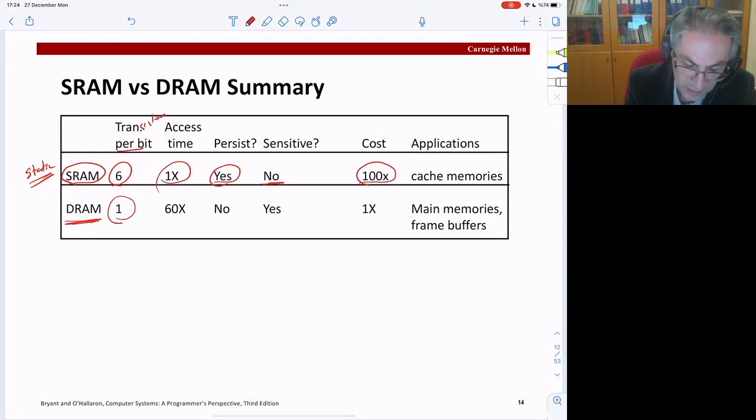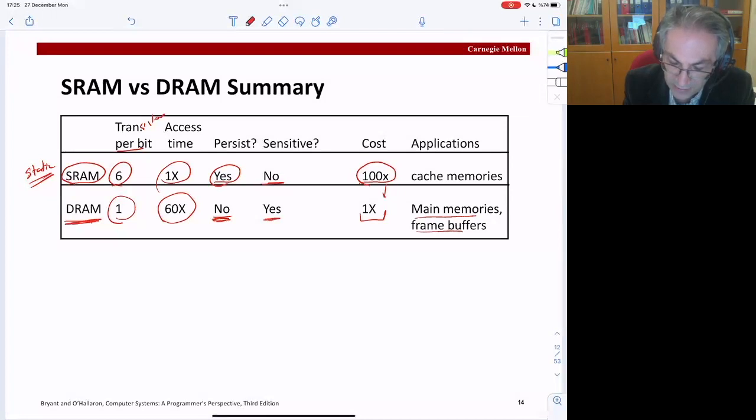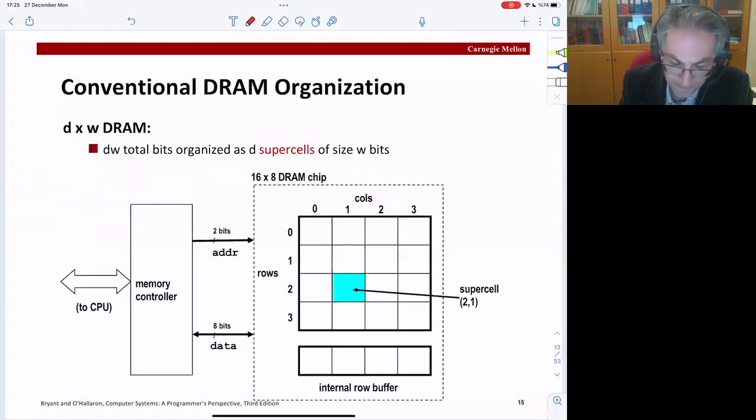DRAM is much cheaper. Its access time is much slower because you have to wait. It's not persistent; it will lose its value. Is it sensitive? Yes, but its cost is maybe 100 times less, and this is what we use in our main memories. Whereas static RAM we use in cache memories, which we will start discussing on Thursday.